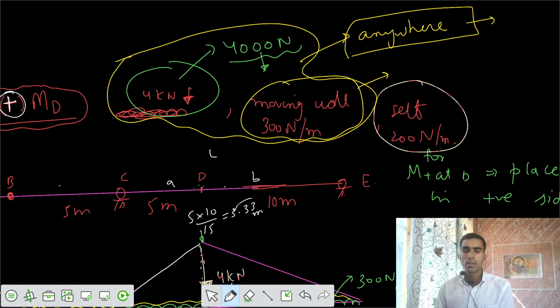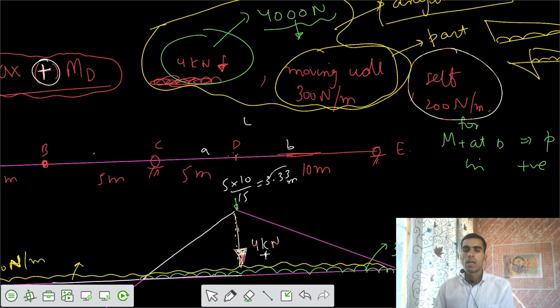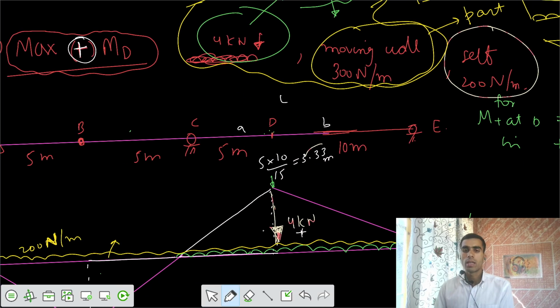You can take any part of its length. If it is needed that you take the UDL for the entire length, then I can take the entire length. If it's needed only for a particular length, I can take that particular length, because it's given that your UDL is infinite. Moving UDL can have length greater than the total span length.